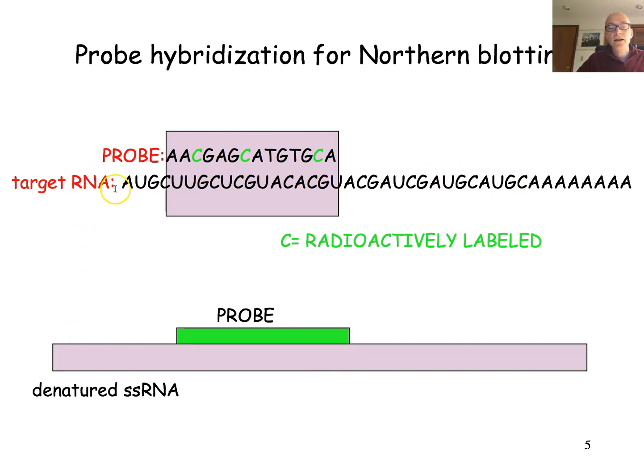So this is the target RNA with a particular gene sequence. In order for us to find that, we can make a probe, a piece of RNA or DNA that is complementary to the sequence of our target. This would be something that you synthesize either by PCR, or you can send away for this to be synthesized by a lab.